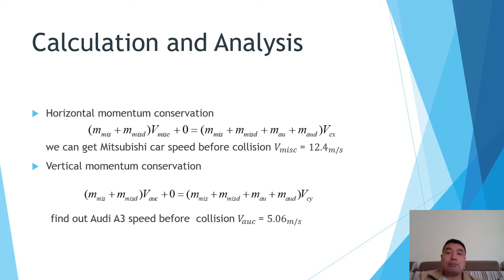Because we have the combined speed of both cars after their collision, we follow the momentum conservation law. We can work out the Mitsubishi car speed before collision and the Audi car speed before collision.